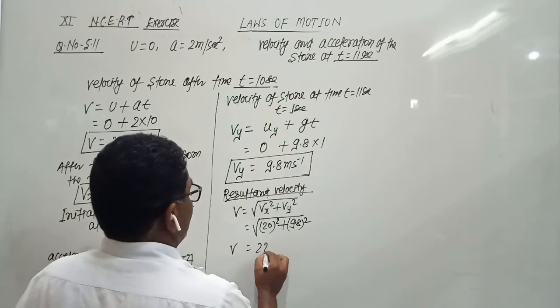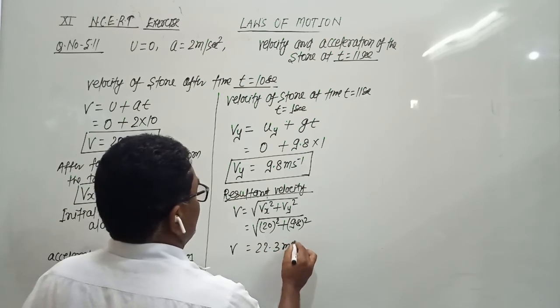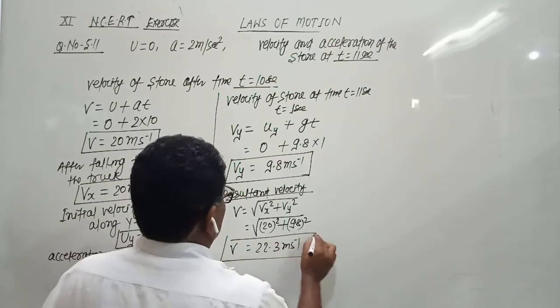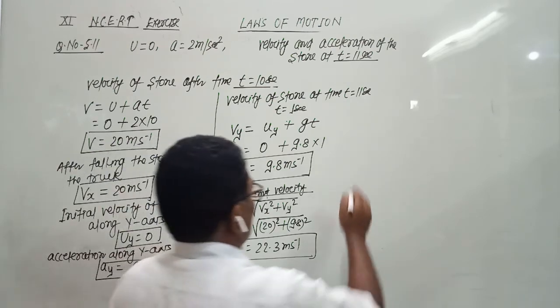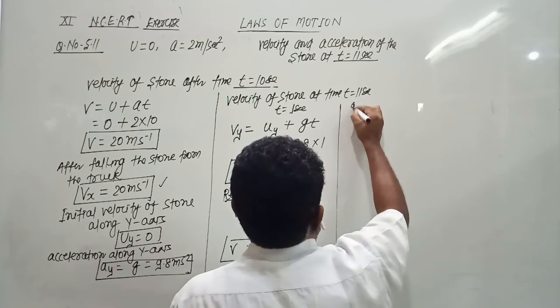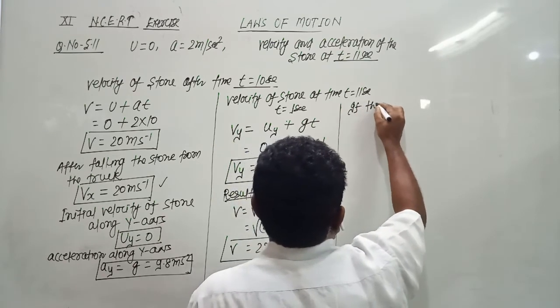After solving we get 22.3 meter per second. So the resultant velocity of the stone at time t equals 11 seconds is 22.3 meter per second.